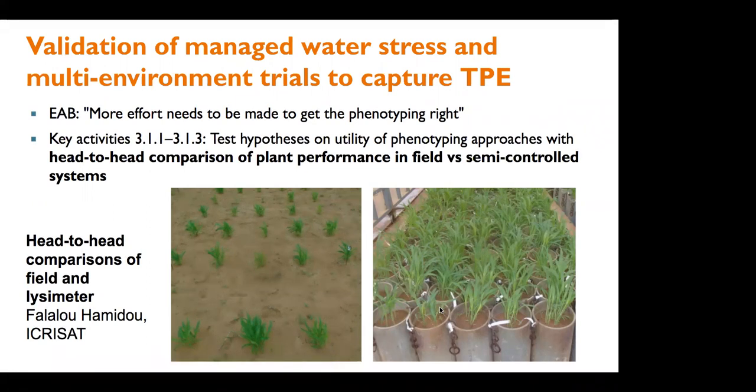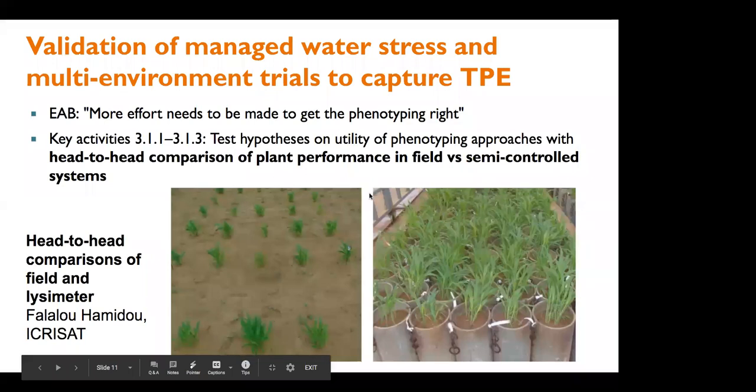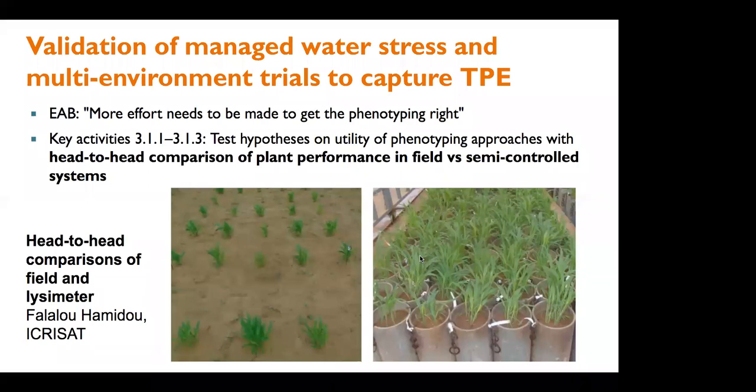And so we're not making assumptions about the utility of any of the phenotyping that we're doing. We are systematically testing each of the phenotyping approaches. And I'll just point out that this is going to be necessary to do even when we're on farm, because no one farm or no set of 20 farms is perfectly representative of the TPE. Always we have to test hypotheses on their representativeness.